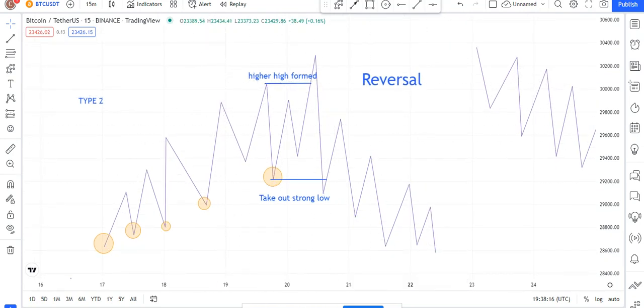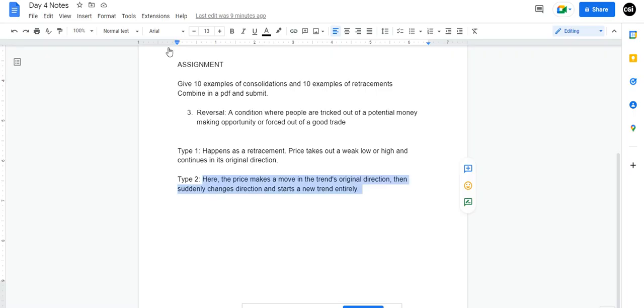So this is most popularly known as inducements. Inducements. I'll make that bold. Control B that. So this is most popularly known as inducements.